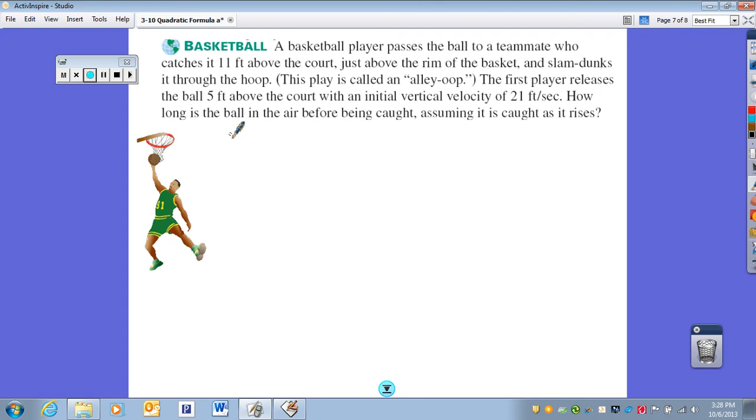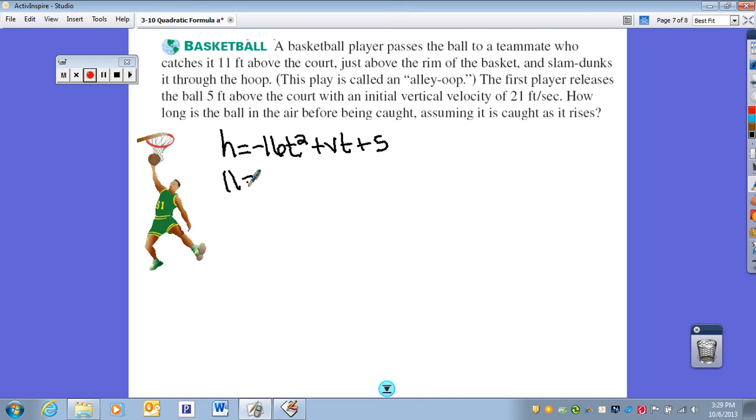So we need to use the formula h equals negative 16t squared plus vt plus s, because our problem is talking about throwing an object and includes velocity. h is the final height of the ball, and that's where the teammate is going to catch it, at 11 feet.